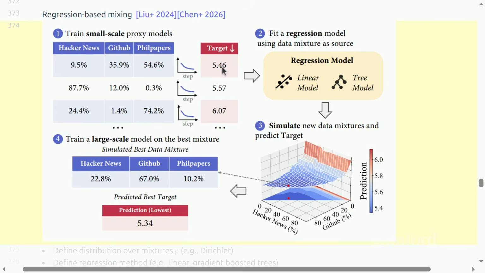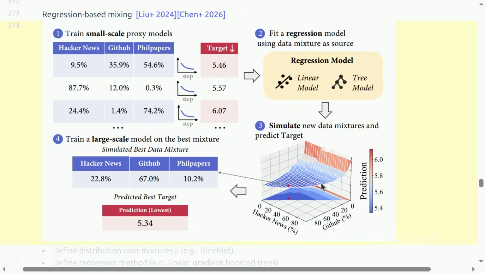Okay, so you use these data points to basically fit a regression where the regression model maps these inputs, which is the data mixture weights, to the loss. Okay? So now you have basically a very cheap model that tells you, if I were to train on this mixture, what loss would I get?